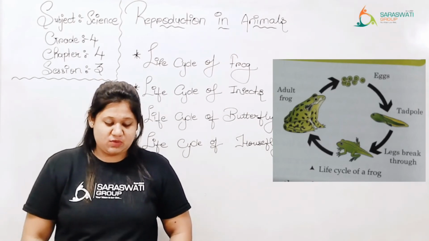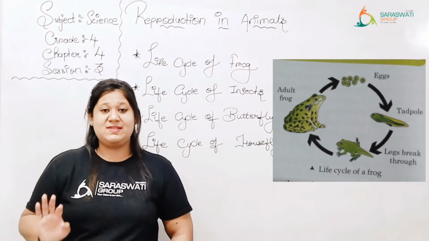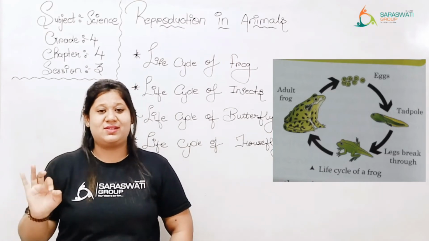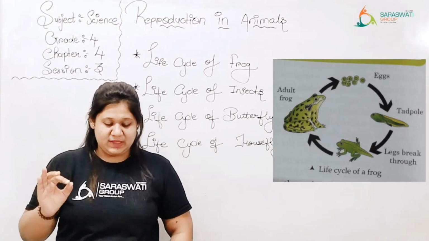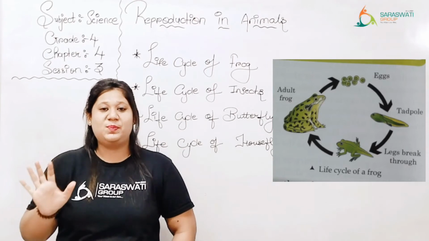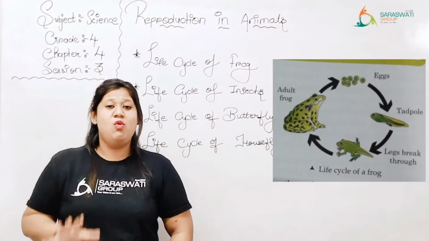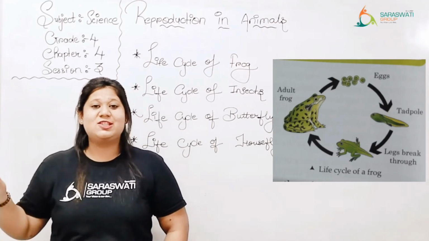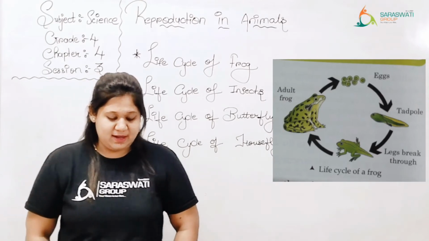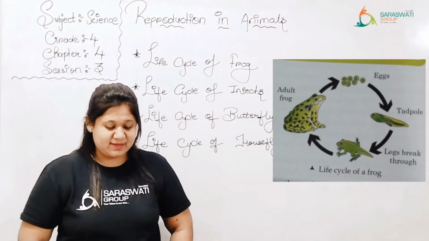These clusters of eggs are called swarms. When they lay eggs more than 10-20, it is called a cluster. So we can say that these clusters of eggs are called swarms. That is, when they lay 100 or more than 100 eggs at one time, this is called swarms. Clear? The eggs are surrounded by jelly-like substances that protect them.